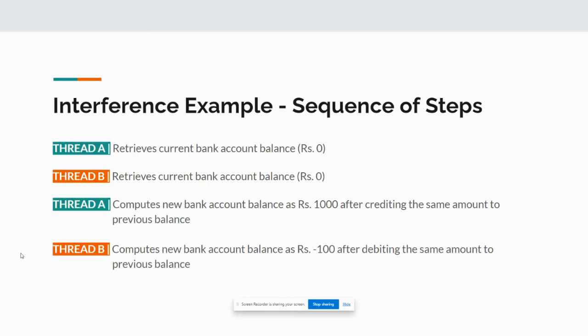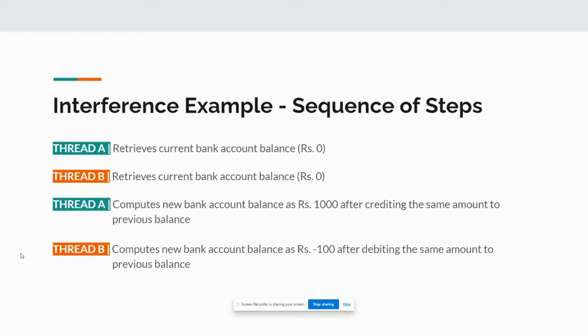So what happens here is, first, thread A and thread B both retrieve the current bank account balance. Then thread A will compute the bank account balance as rupees 1000 after crediting the amount of the transaction, which is also rupees 1000.